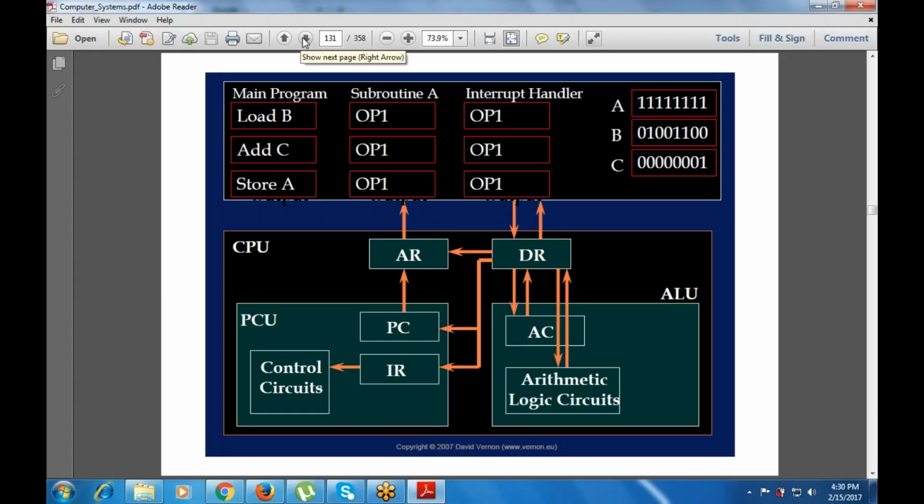Then the CPU has AR, DR, PC, IR, the control unit, AC, arithmetic and logical circuits, and then the ALU, the arithmetic and logical unit.